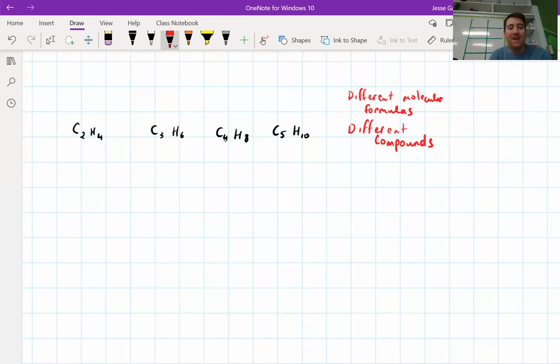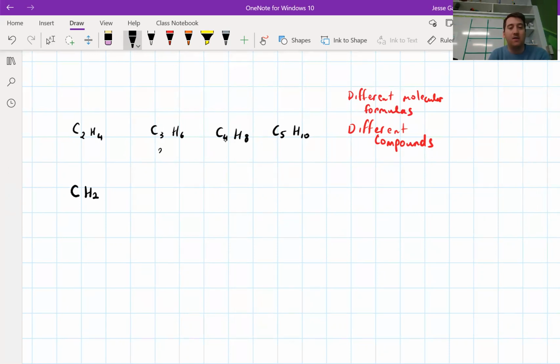Each of these has the exact same empirical formula. So in this case, the lowest common multiple of these 2 numbers would be 1 part carbon, so C1, 2 parts hydrogen, CH2. So the lowest common ratio, I suppose, the simplest ratio, 1 is to 2. So 1 carbon to 2 hydrogens.